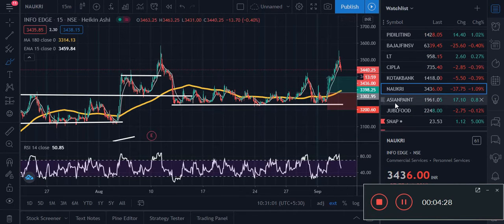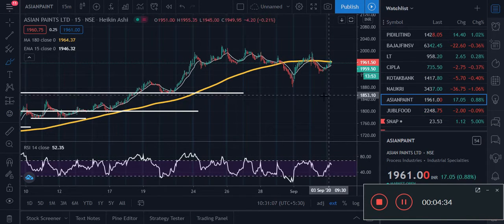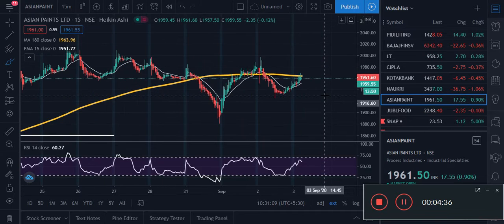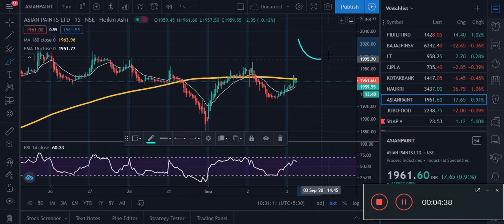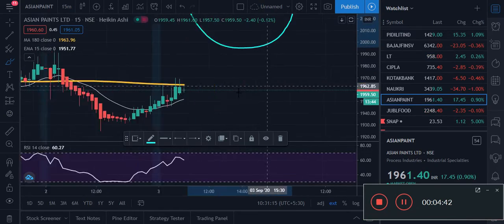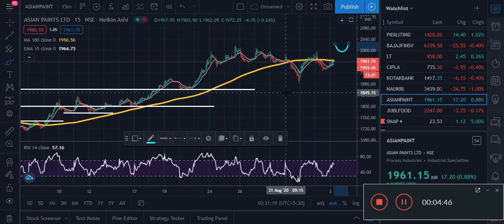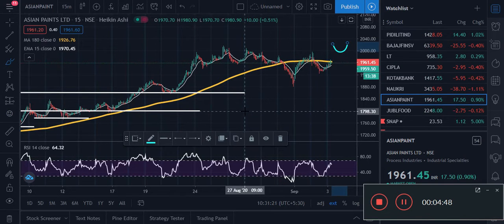Anyway, I'm going to tell you now how exactly you should be drawing it and how not to. A U formation would be a perfect cup and handle. You're obviously not going to zoom in and try to predict it. You're going to zoom out and understand from an overall perspective how the markets are falling.